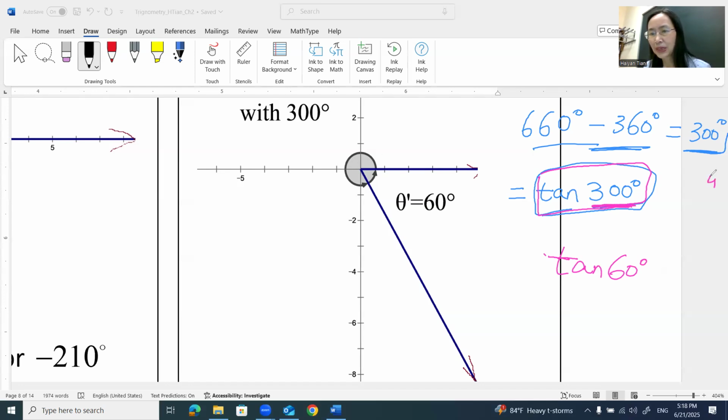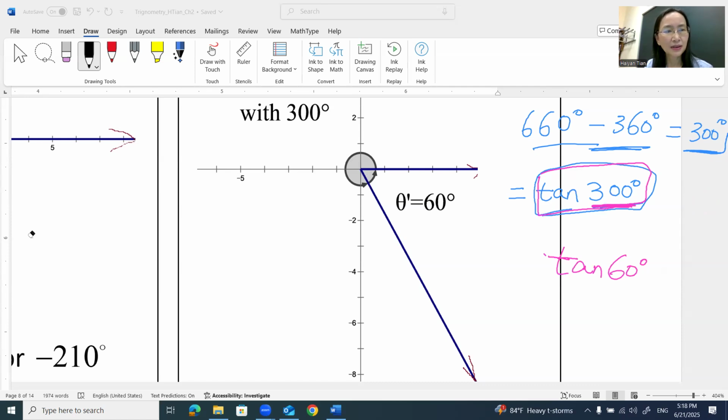So in the fourth quadrant, tangent is defined by y over x. If the point is in the fourth quadrant, y is negative, x is positive. So the quotient is negative. So the tangent value is negative if the angle is in the fourth quadrant.